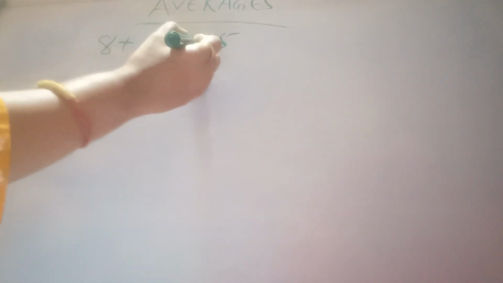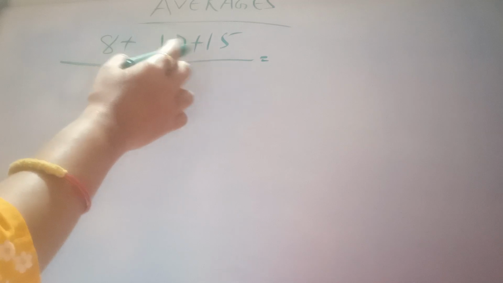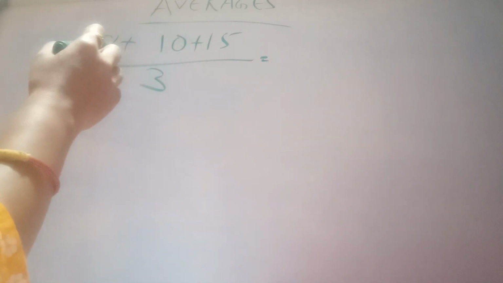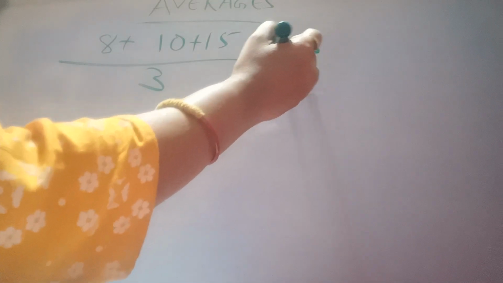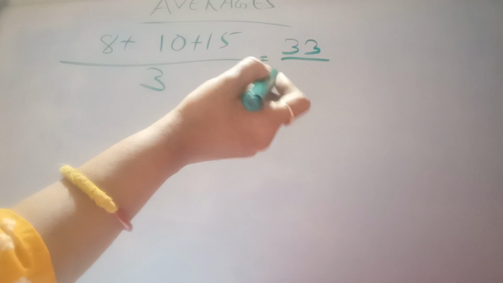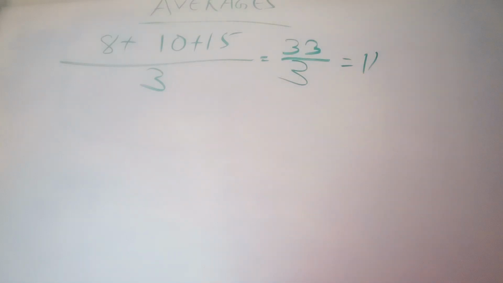So we have to add these 3, so 3 items, so divide by 3. 25 plus 8 is 33, divided by 3 equals 11. So the average number of pencils they have is 11. This is the answer.